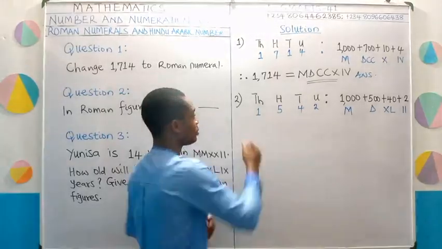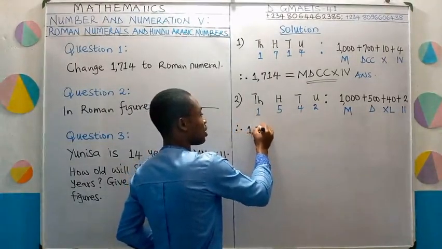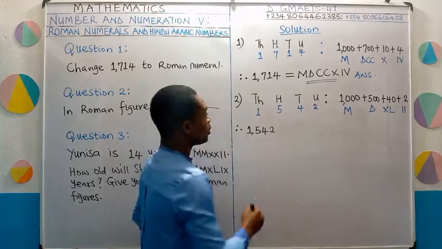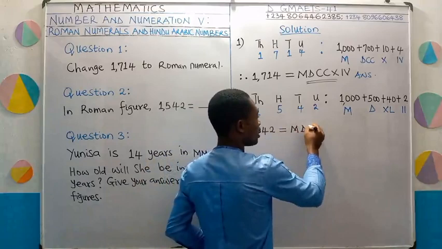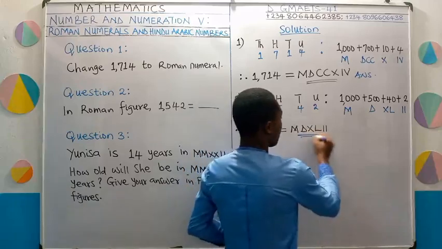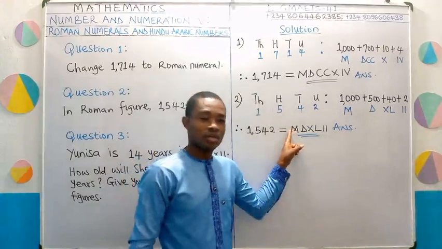We are done. Conclusion, therefore, the Hindu-Arabic number 1542 is equal to MDXLII. And of course, this is our answer. You can see it clearly. M is 1000.